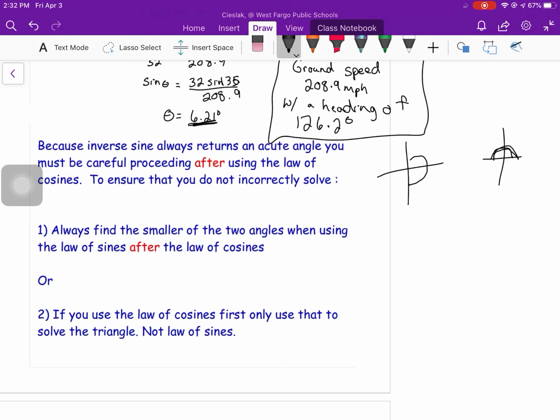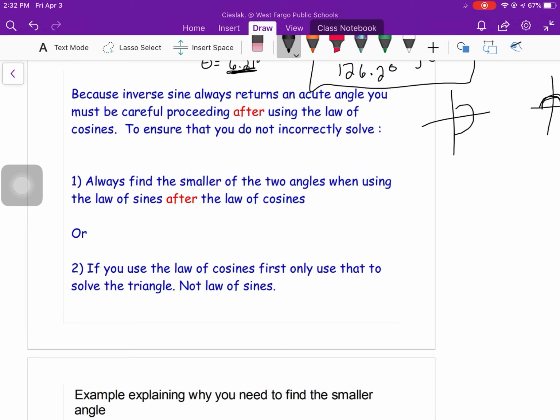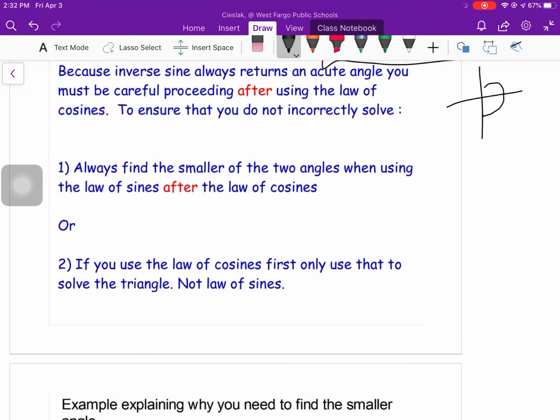If you think back to the cosine restrictions, that was between 0 and 180, so cosine will give you either the acute or obtuse angle. It works itself out. There are two things that you can do to see that you don't make a mistake, and I'm going to show you the mistake that happens after we talk about this.